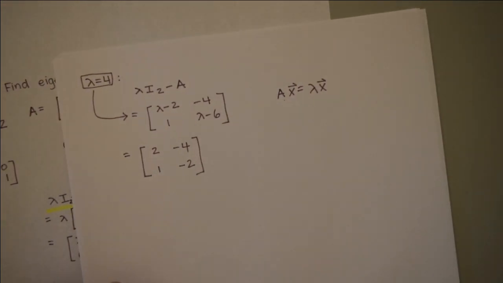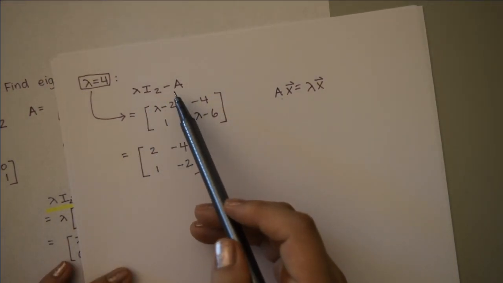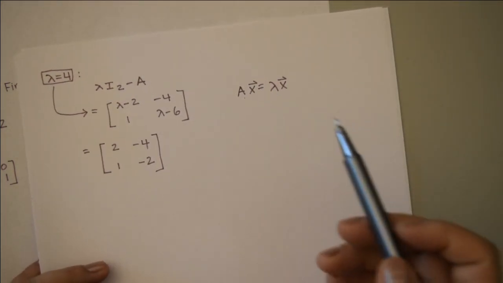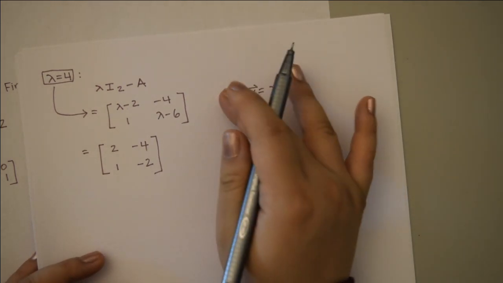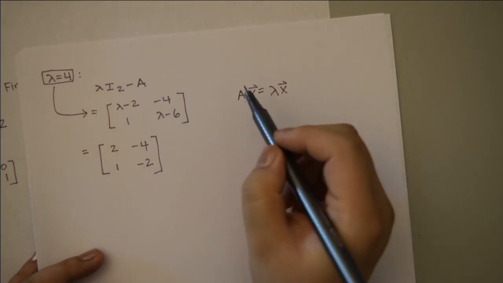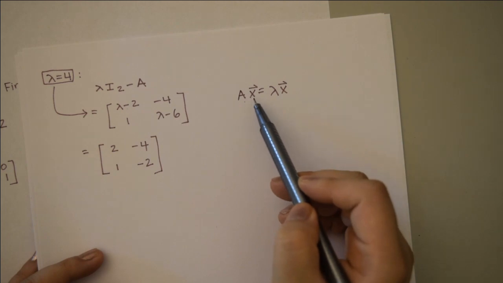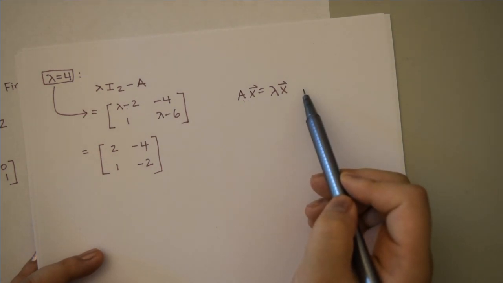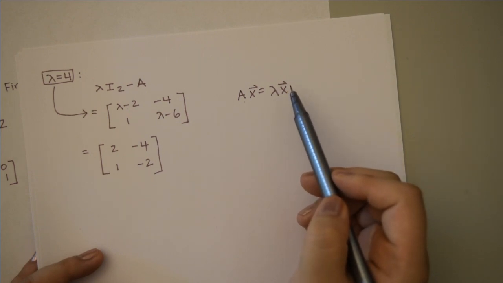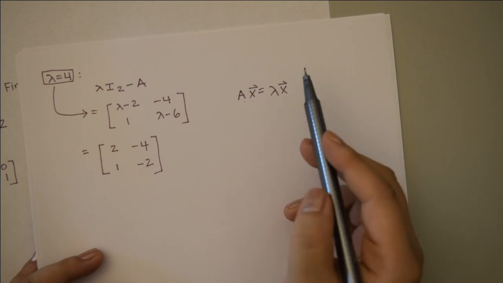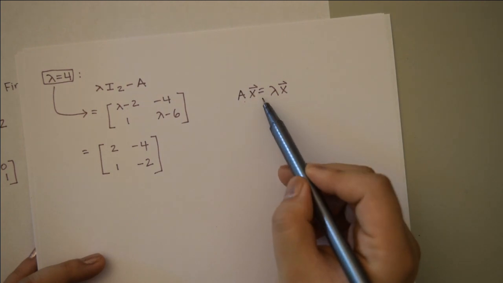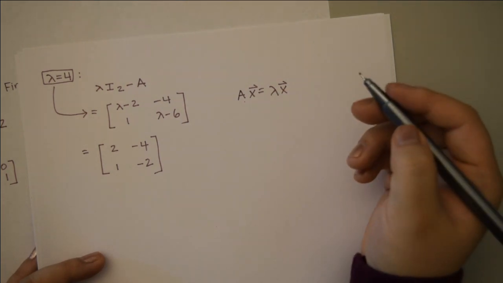But really, this lambda I2 minus A comes from rearranging our definition of an eigenvalue and eigenvector. We didn't do the full proof here today, but we can in the future. You can start getting the intuition by rearranging this equation, moving the Ax over here, and lambda x is the same as lambda I x, and then pulling out your vector x. The important thing is that you're solving for some vector x, because x is our eigenvector.